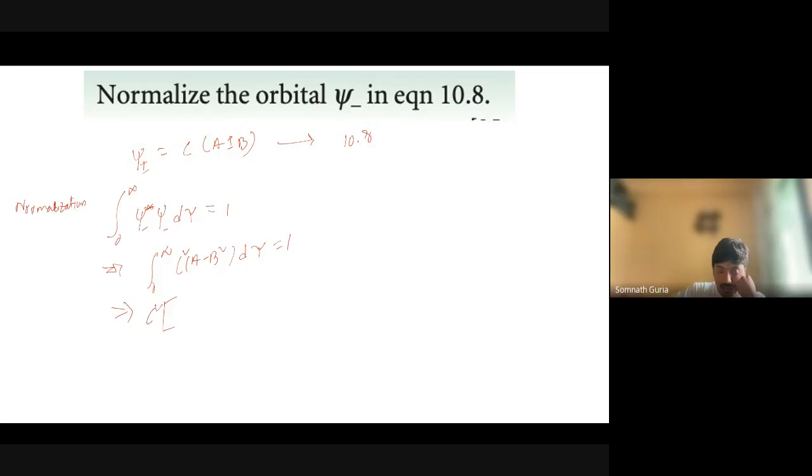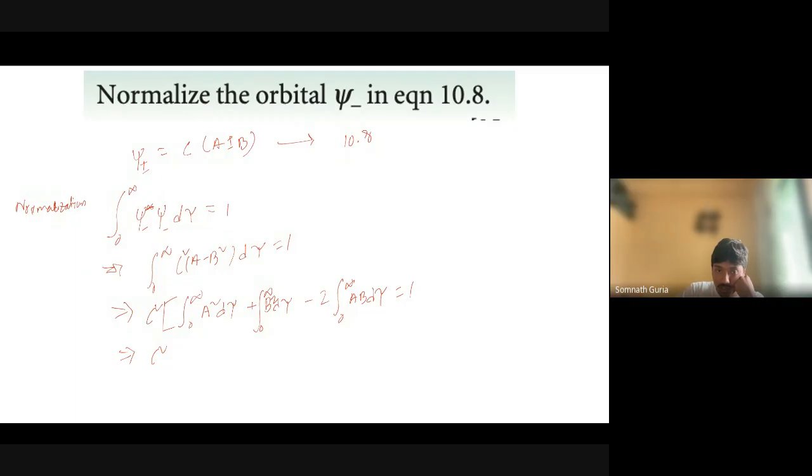That also implies we have c square times the integral from 0 to infinity of a square d tau, plus b square d tau, minus 2 times the integral of a b d tau, equals 1. Then this one is 1, this one also 1.